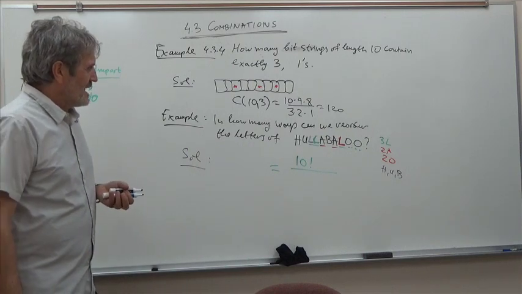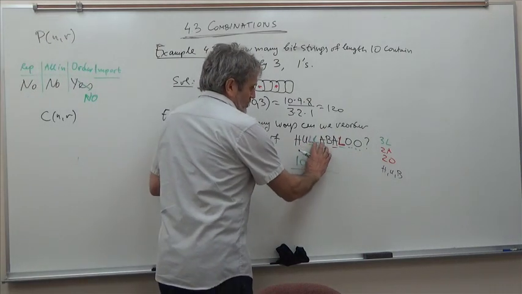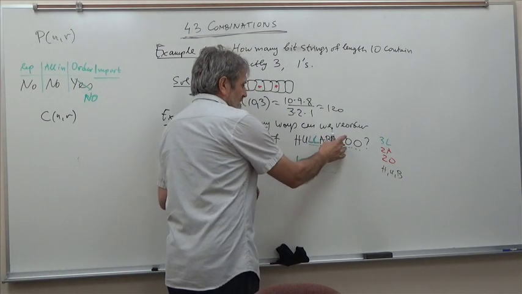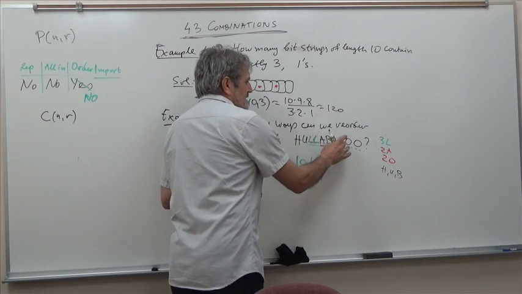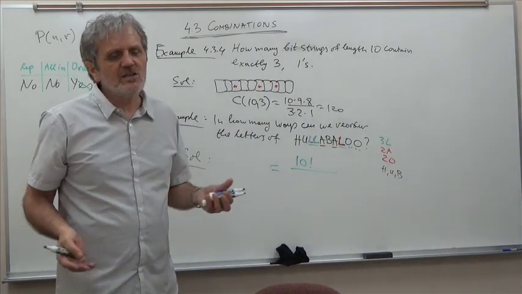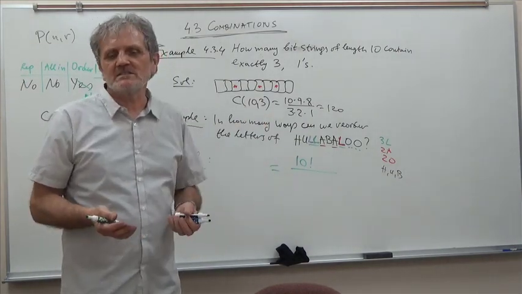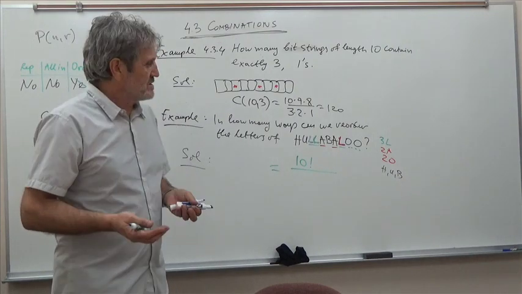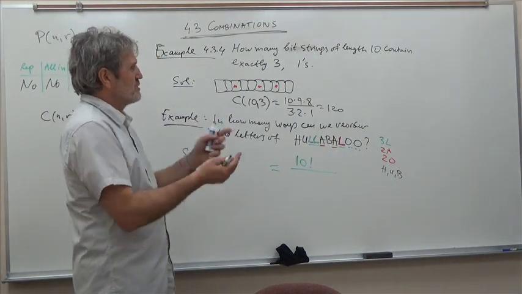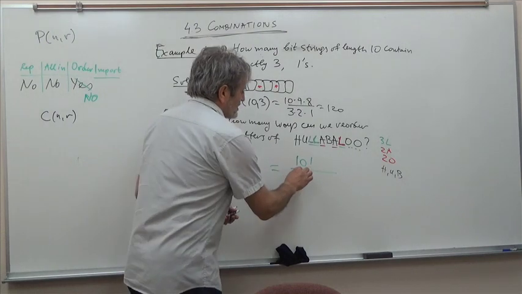But then every permutation of L's, when red comes here, blue comes here, green is not actually changing my configuration, because a black and white printer sees it as the same word. So how many of those permutations among L's can I do? 3 factorial.